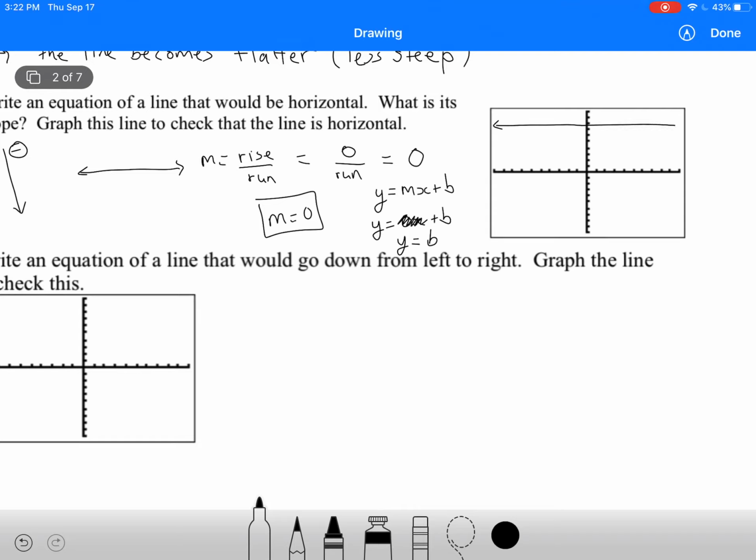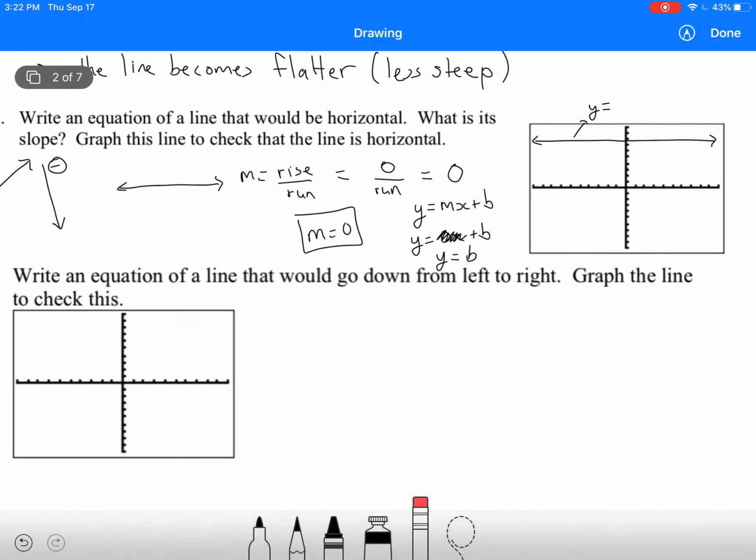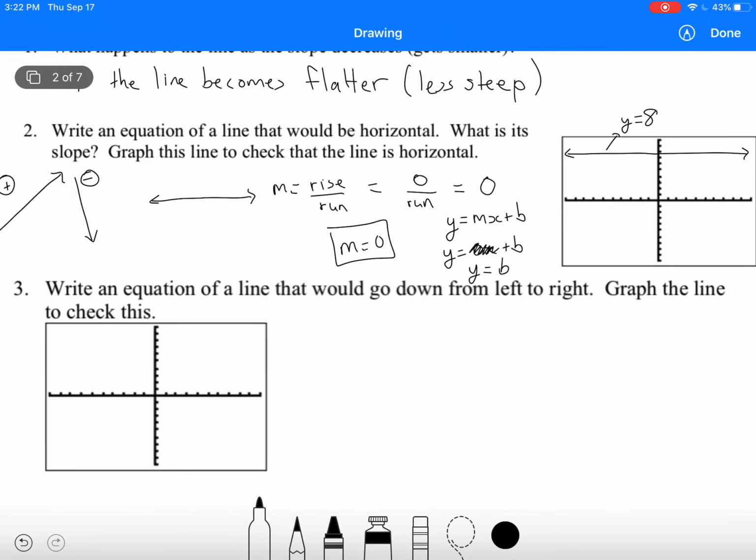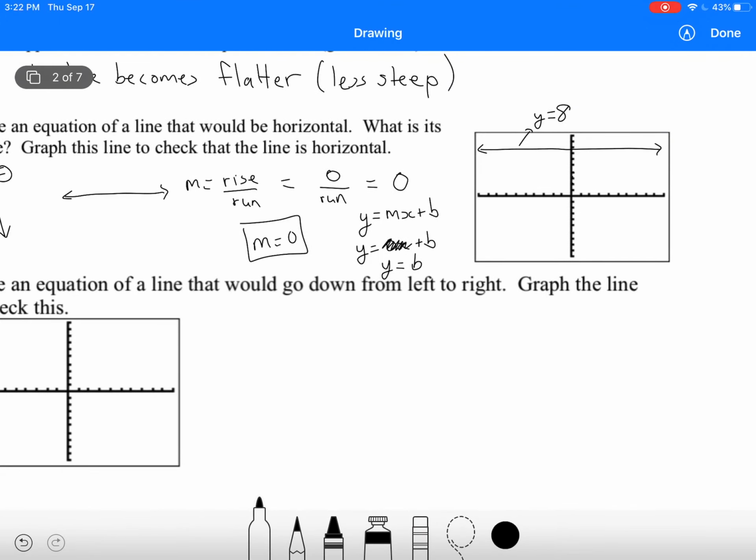Again, when I'm on my iPad, it's very hard to use a ruler. I would like you to use a ruler when you're doing this on your own. But that equation there is y is equal to, let's see, 1, 2, 3, 4, 5, 6, 7, 8. Technically it'd be y equal to 8 if I'm counting up on the y-axis there.